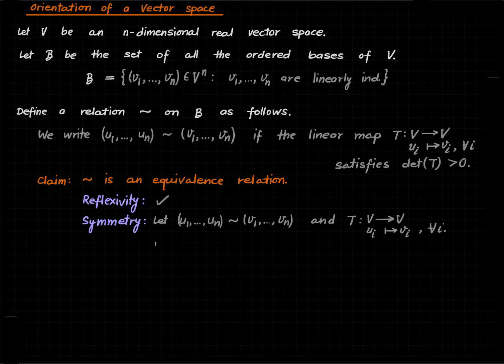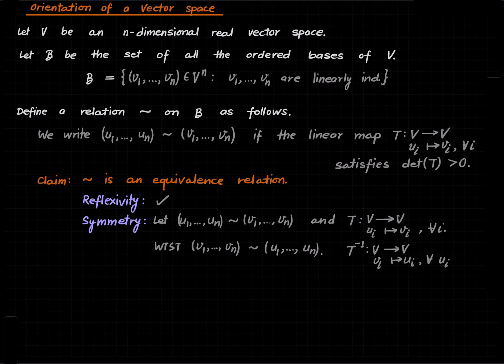We want to show that v1 up to vn is equivalent to u1 up to un. All right, how do you do that? Well, what is the corresponding linear map that we need to check the determinant of? The corresponding linear map is nothing but T inverse. T inverse is the map which sends vi to ui. But if T has positive determinant, so does T inverse, and therefore we know that this is true. So let me not write all the details.